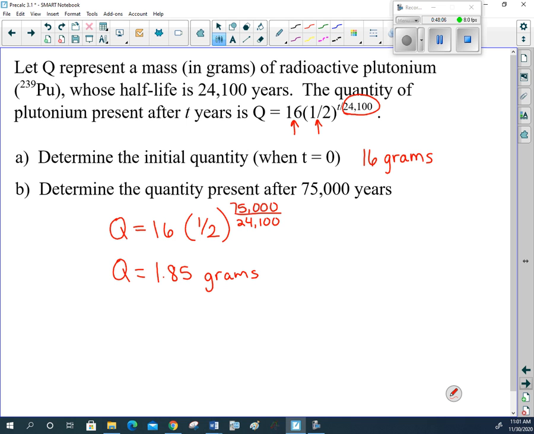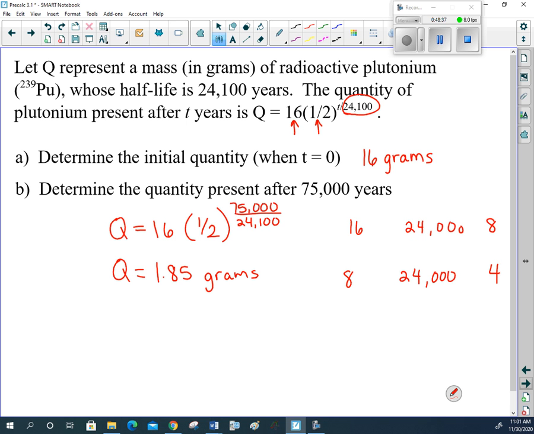So half-life, guys, let's see if that kind of makes sense to us. What half-life says is that in 24,000 years, you'll have half the amount. So if we started with 16, 24,000 years later, about, I should have 8 grams. Starting with 8, another 24,000 years later, I should have 4.